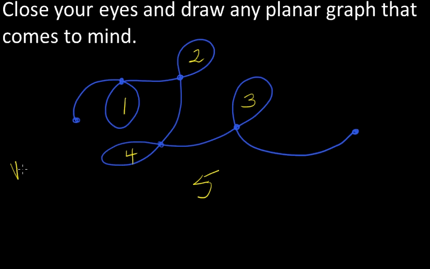We have the vertices, 1, 2, 3, 4, 5, 6. We have the faces, 5 of them. And we have the edges. Well, we need to count. Start here where we began. 1, 2, 3, 4, 5, 6, 7, 8, 9. 9. And sure enough, v plus f minus e is equal to 2.